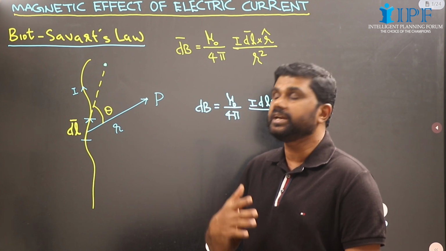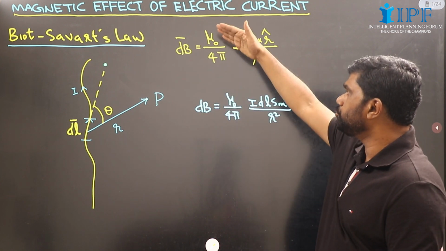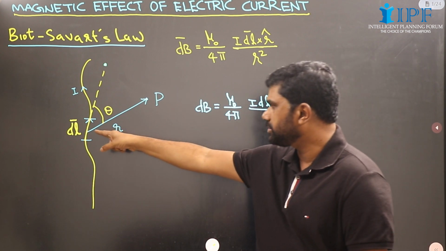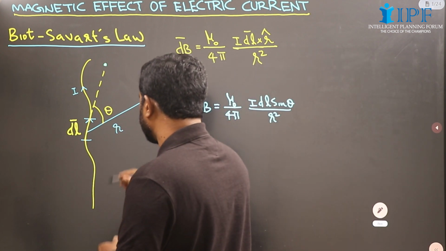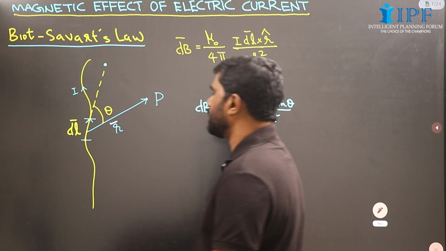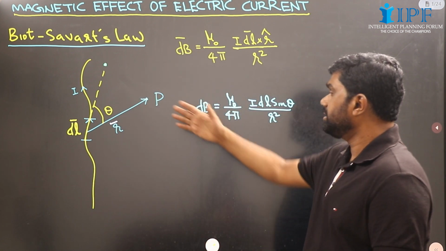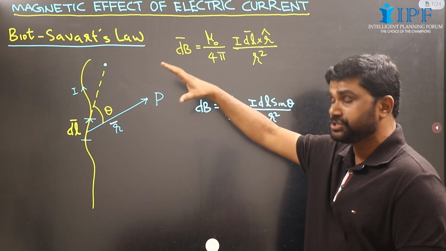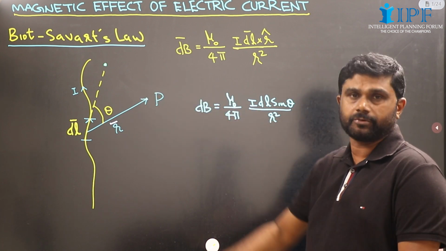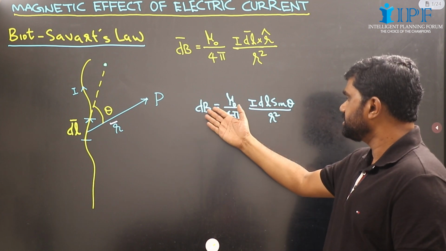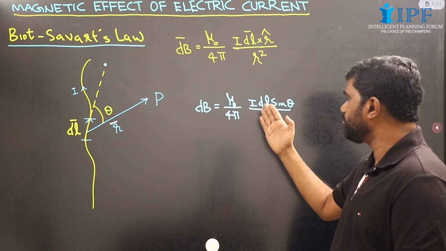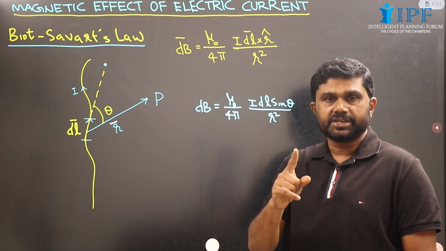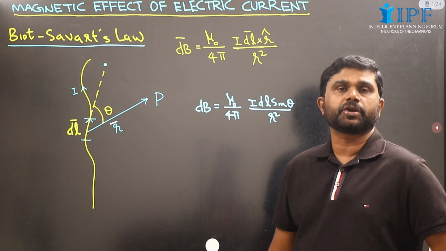The magnetic field intensity is given by dB equal to mu 0 by 4 pi, I dl cross r cap, where r cap is a unit vector along the direction of this position vector r. Mu 0 is the permeability of vacuum, and here we assume that the current element is in vacuum. Its magnitude dB will be mu 0 by 4 pi, I dl sin theta by r square, where r is the distance between the current element and the point of observation.